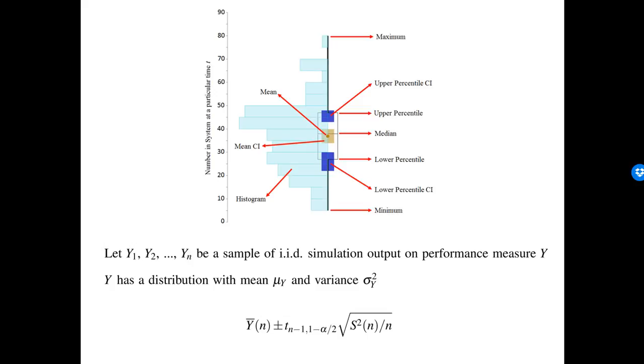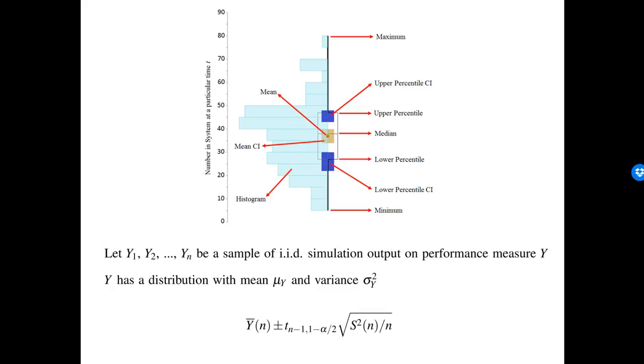So this formula gives me the 100 times (1 minus alpha) percent confidence interval for my sample mean. In other words, if alpha is 0.05, what I have here is my 95% confidence interval.